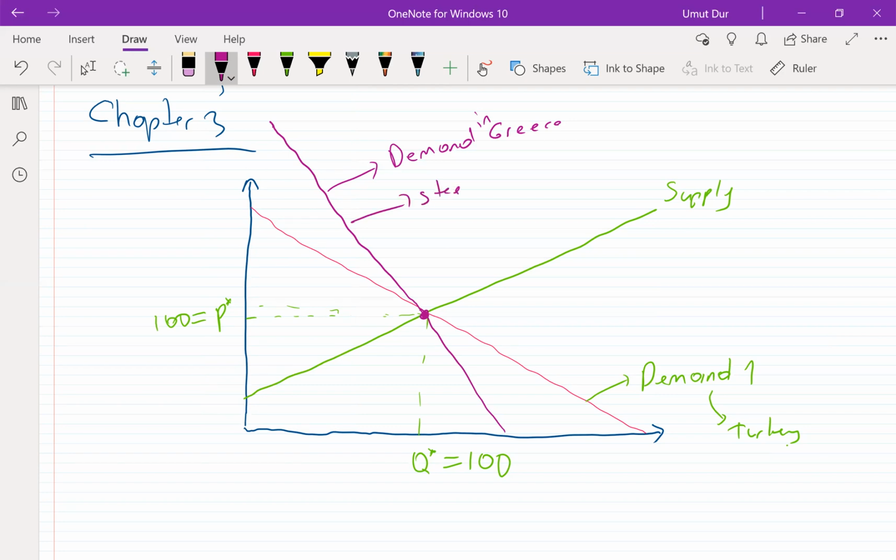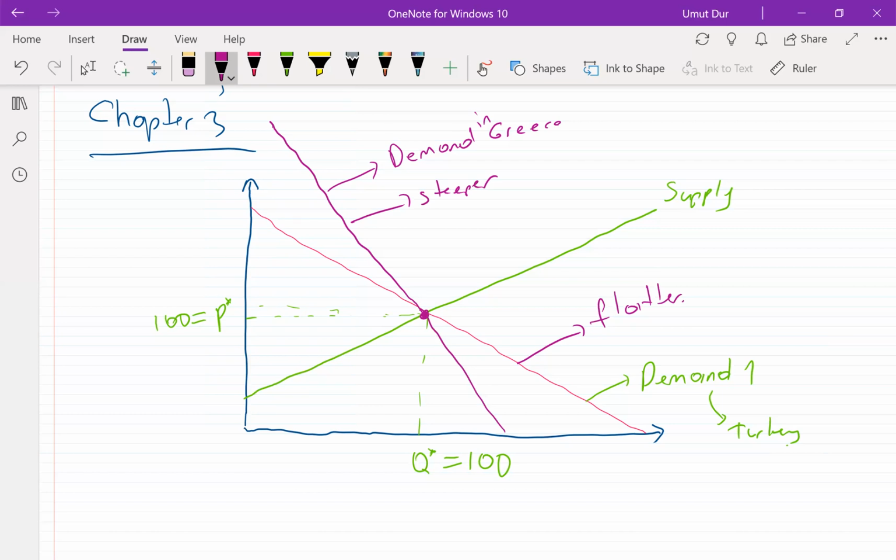This one is steeper, and this one is flatter. So they don't have the same demand. But for some reason, we have the same equilibrium price and equilibrium quantity, and that can happen. We just look at the intersection, and for some reason, they intersect at the same point.